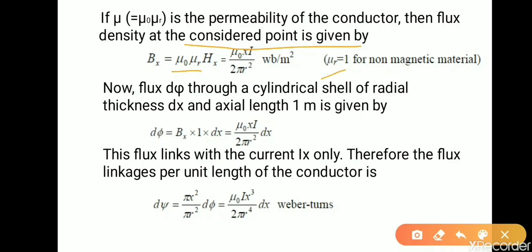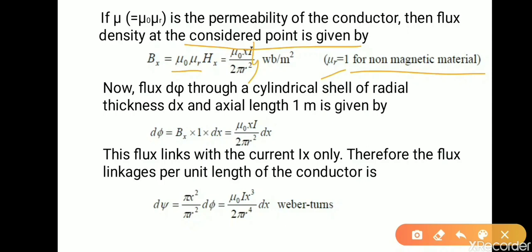Relative permeability is 1 for non-magnetic material. So we will obtain μ0 xI divided by 2πr², Weber per meter square.